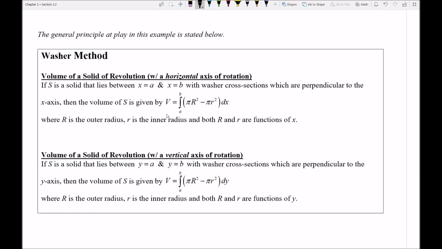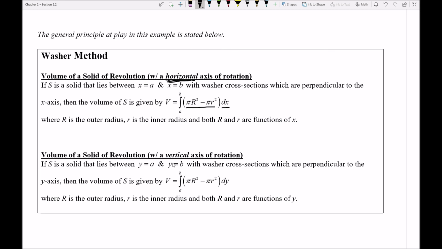But what we can notice is, if I have a horizontal axis of rotation, that is, my washers stack up left to right, then I know I'm going to have a dx problem. And I know that I shouldn't be using just pi r squared, because that would give me the area of a circle. I need to use area of big circle minus area of small circle to get the area for that washer. Then I can use my bounds for wherever these values start and stop.